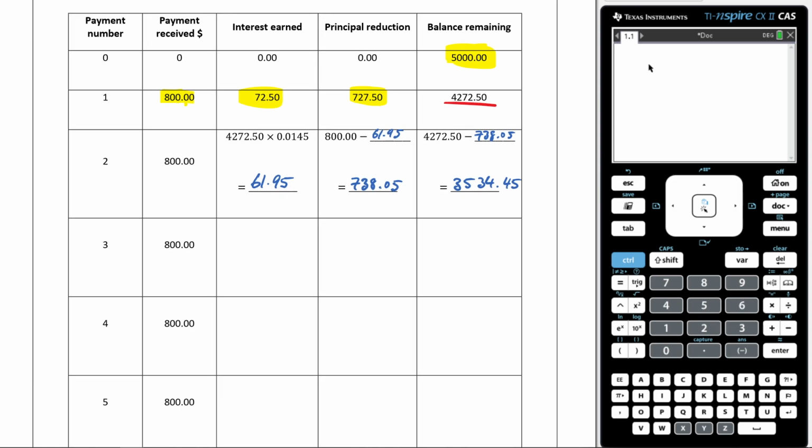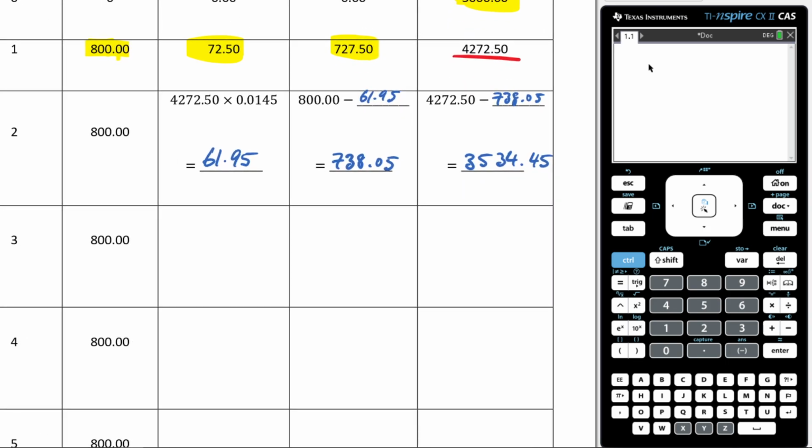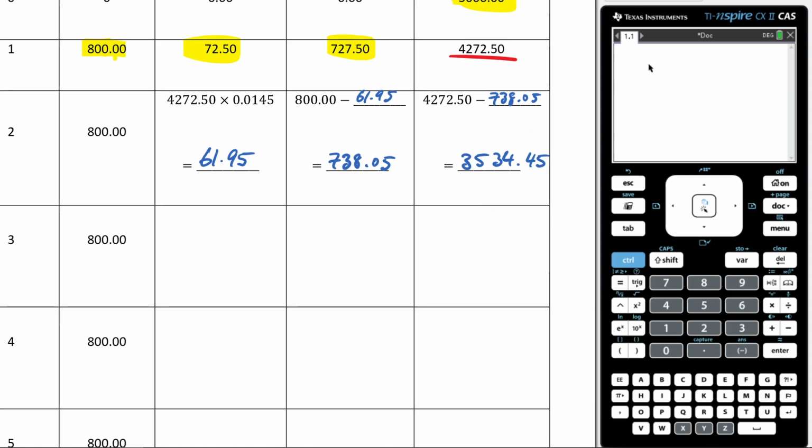Now we simply do it again. In payment number 3, we are again taking out $800. To figure out the interest that we're going to earn this time, I'm going to take this number, 3534.45, and multiply it by 0.0145. When I put that into the calculator, I end up with 51.25.